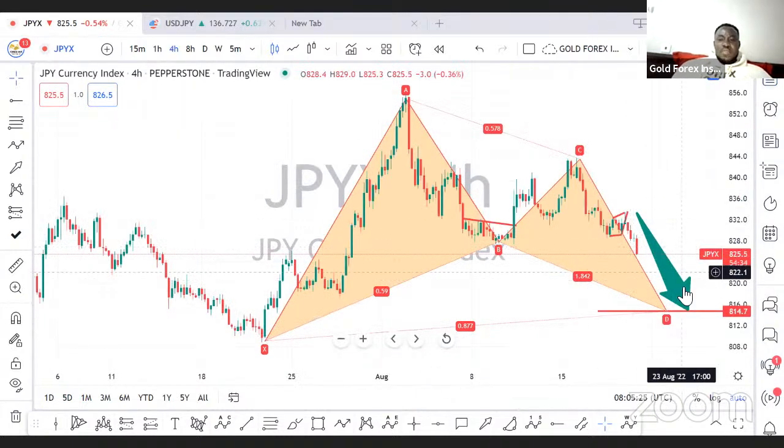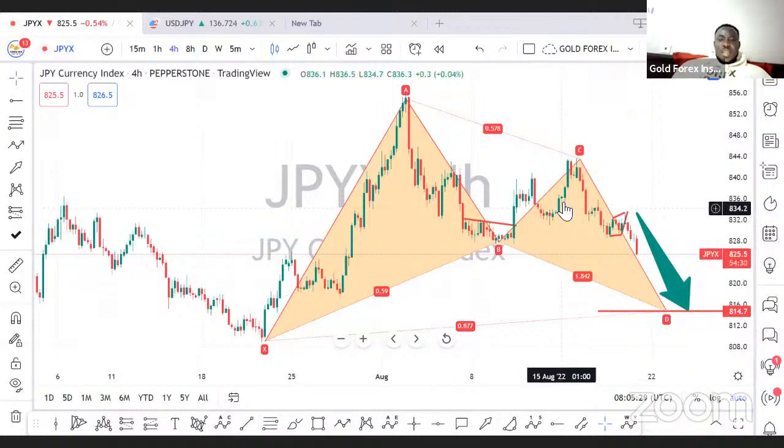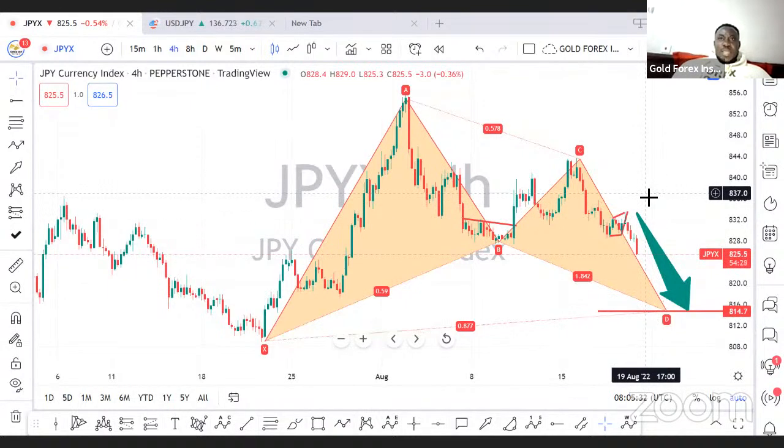One thing is the DXY was the driving force for the yen index. So DXY is going to 814.7. That means the yen is going to fall to this level, 814.7.